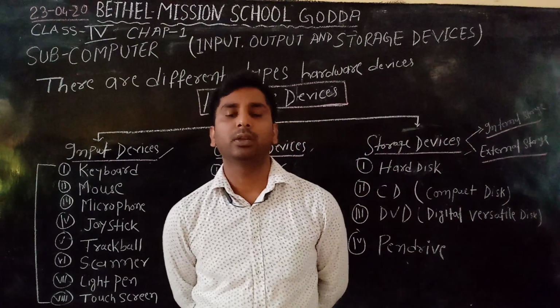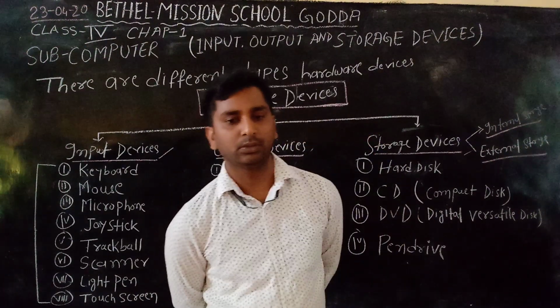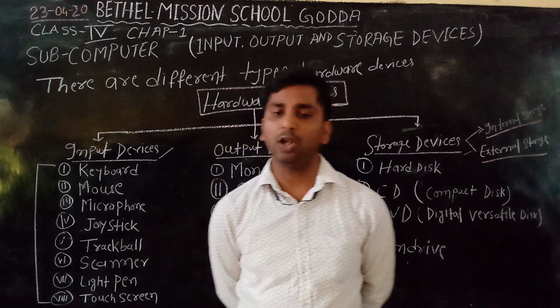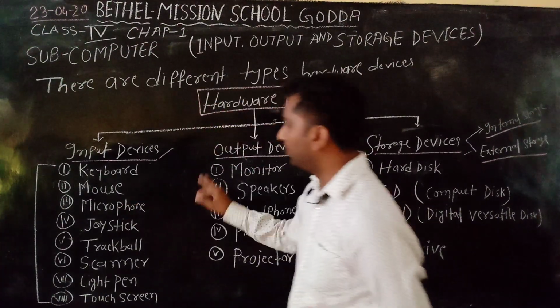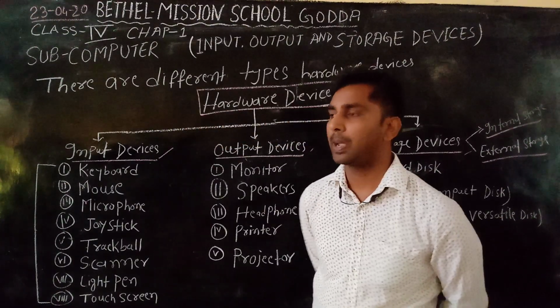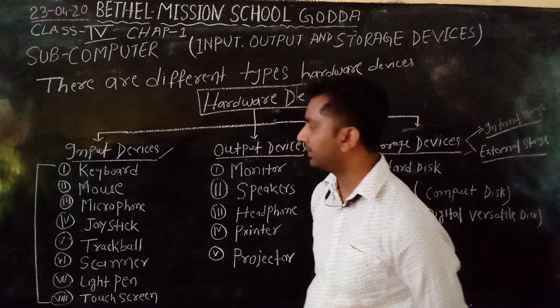When you move the mouse, the pointer also moves on the computer. There are two types of buttons on a mouse: left click and right click.